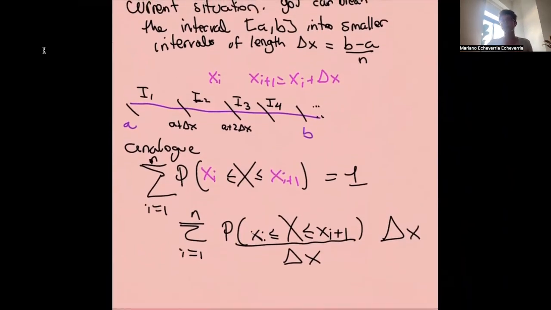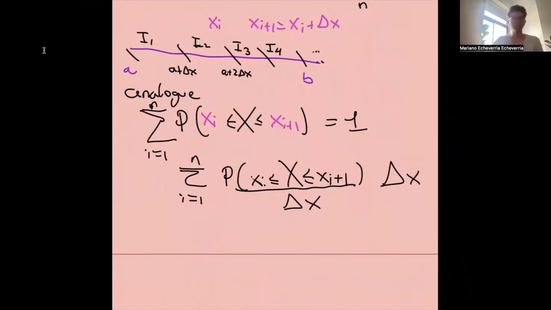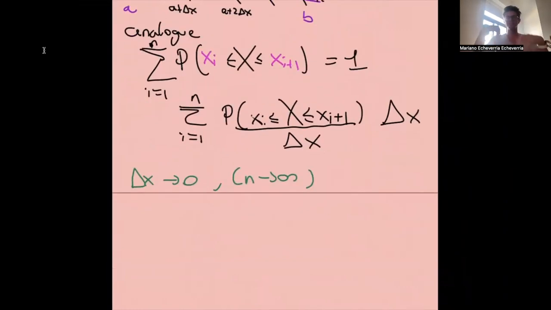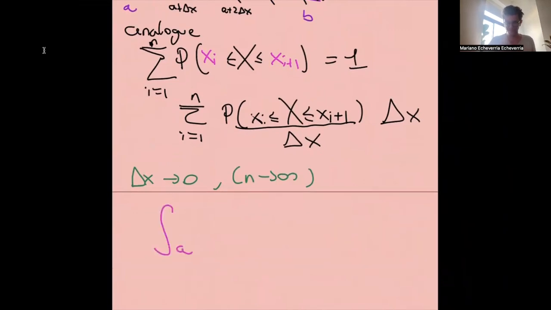If you remember how the story goes, when you take the limit as delta x goes to 0 or n goes to infinity, which are equivalent, the sum becomes an integral. That's how you should think about an integral: a continuous sum, or a sum of infinitely many things. So you get the integral from a to b, and delta x becomes dx.